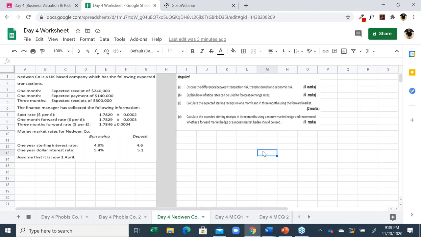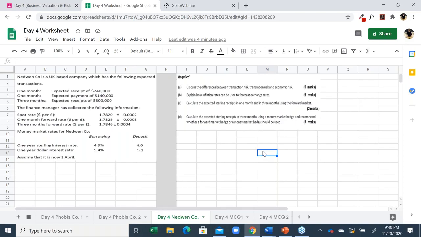So the parent company is required to translate all the assets, liabilities, and capital and income statement items of the foreign subsidiary into the local currency of the parent company, and then consolidate the financial statements.